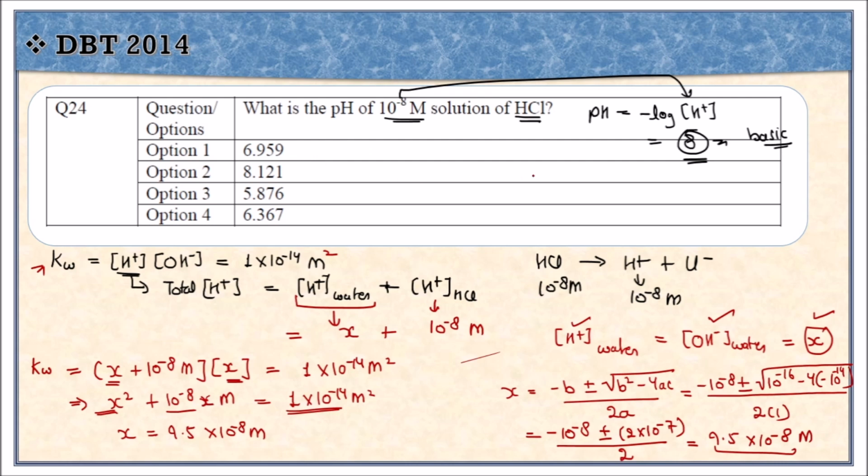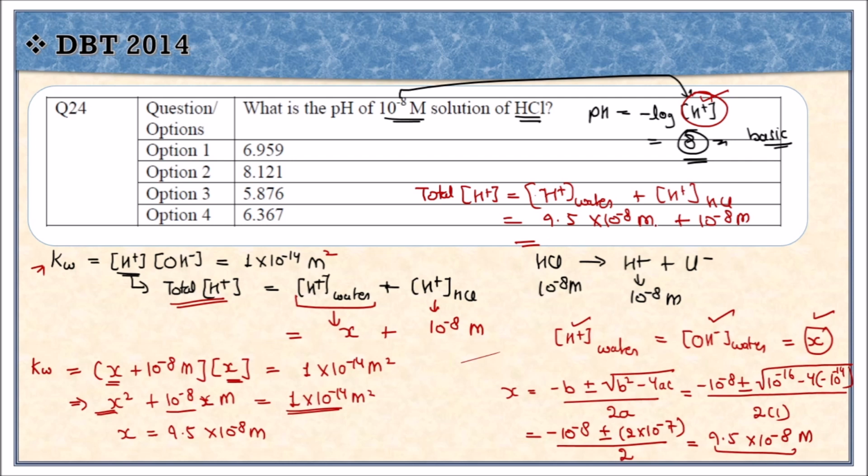So to find the pH we need negative logarithm of H plus, but this H plus represents total H plus ion concentration, and total H plus is equal to H plus because of water ionization plus H plus because of HCl ionization. Okay, so because of water ionization the value x is 9.5 into 10 to the power minus 8 molar plus, and because of HCl it is 10 to the power minus 8 molar.